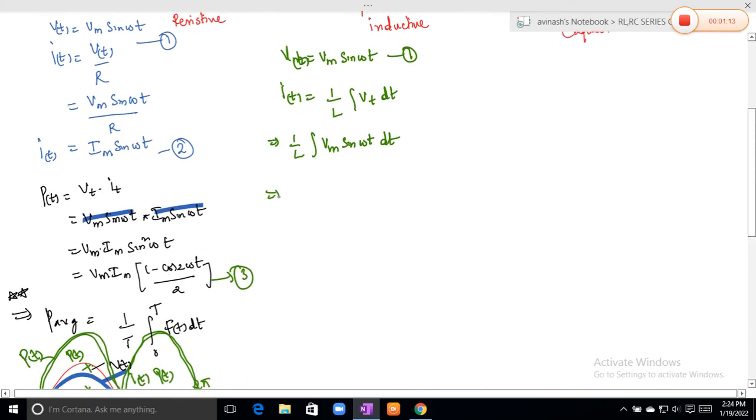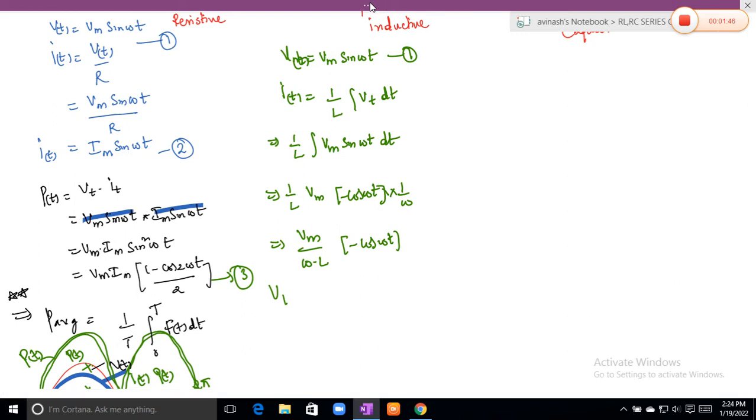That implies 1 by L, Vm will be a constant. Integration of sin omega t will be minus cos omega t into 1 by omega, because we are integrating with respect to t and omega will be a constant. Then Vm by omega L into minus cos omega t is nothing but I of t.